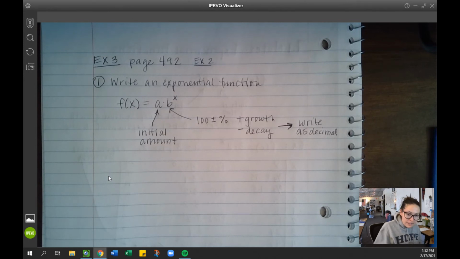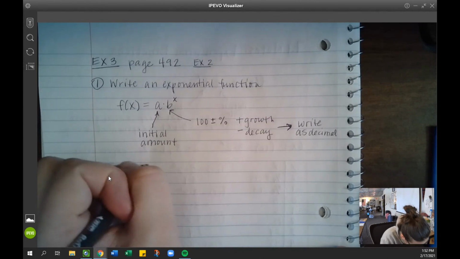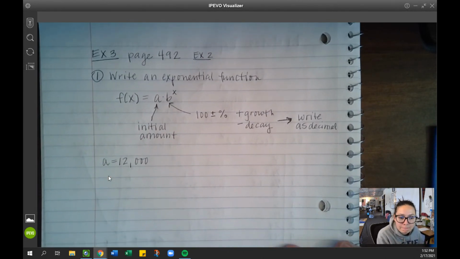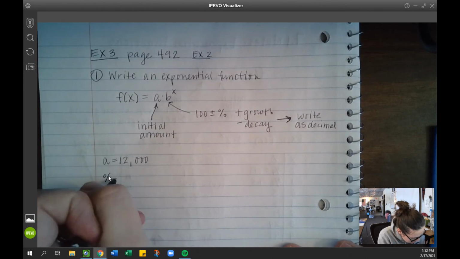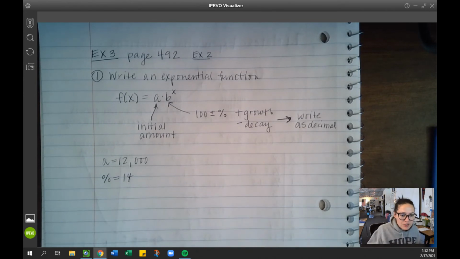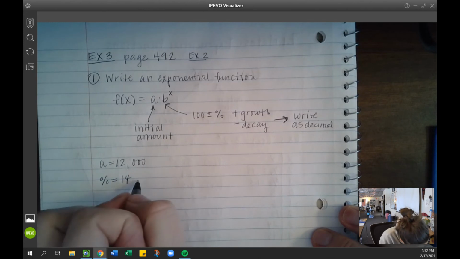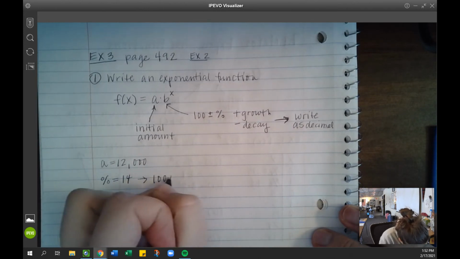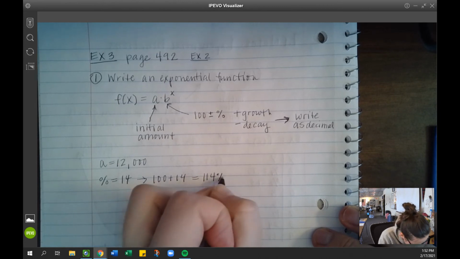All right, so let's read the question again. We have the guitar whose value is initially $12,000, so A is 12,000. Our percent is 14 because the value is increasing by 14%. So we're going to do 100 plus 14, which is 114%.